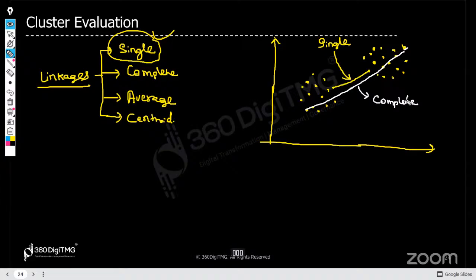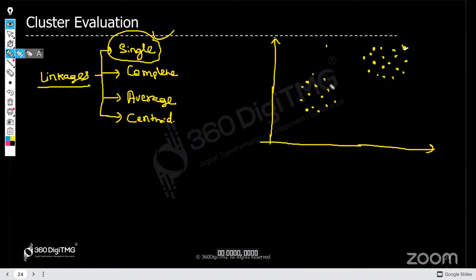In the same way, imagine that I want to go with average linkage. In average linkage, what will happen? We will consider this data point and find its distance to all the other data points present in the other cluster. Let's write D1, D2, D3, D4.